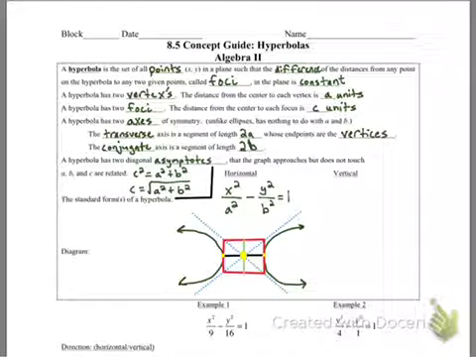If you look at that black line that goes from vertex to vertex, that is the transverse axis. That green line is the conjugate axis. That red box, we draw that to get our asymptotes. The blue line is our asymptotes that goes through those corners.